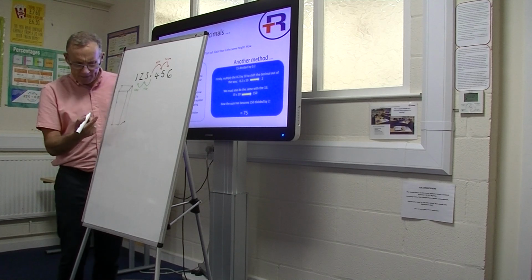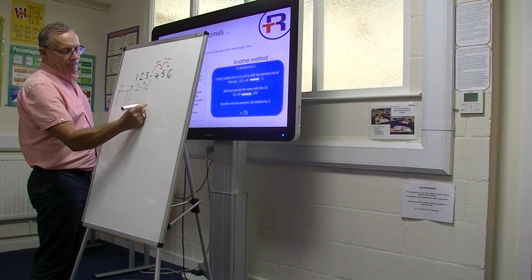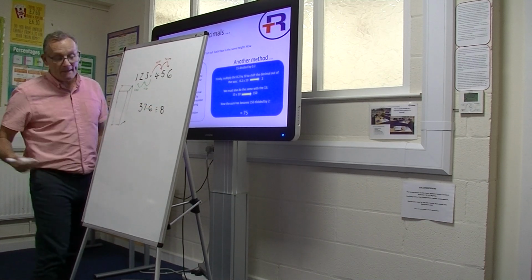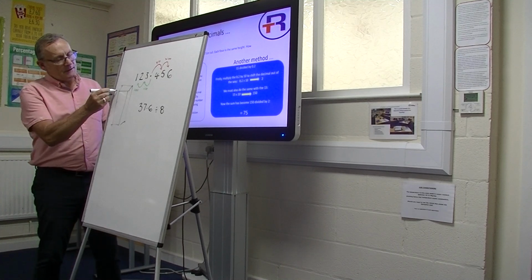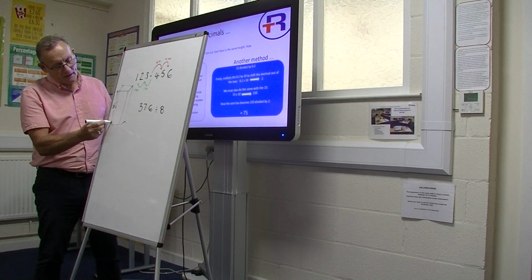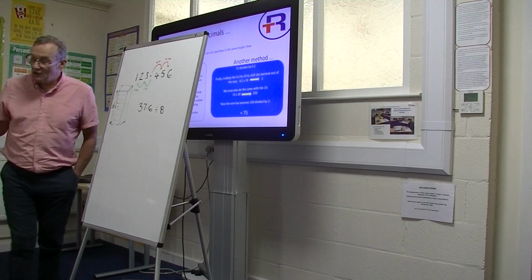Basically what that question is saying to us is, what is 37.6 divided by 8? That's what it's saying, isn't it? Because this building is 37.6 and it's divided up into 8 floors. So the question is, how high is each floor?